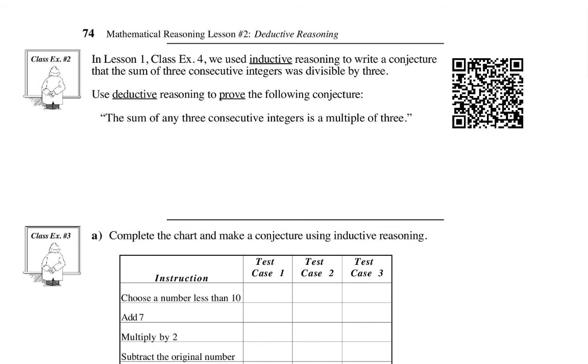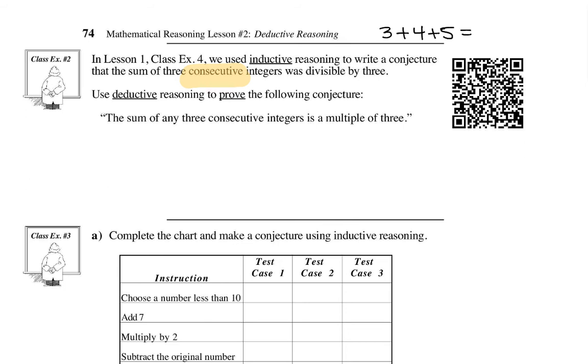So let's jump to the next page. Lesson 1, class example 4. We used inductive reasoning to write a conjecture that the sum of 3 consecutive integers was divisible by 3. So you need to know this word, consecutive. It just means one after the other. So for example, 3 plus 4 plus 5.